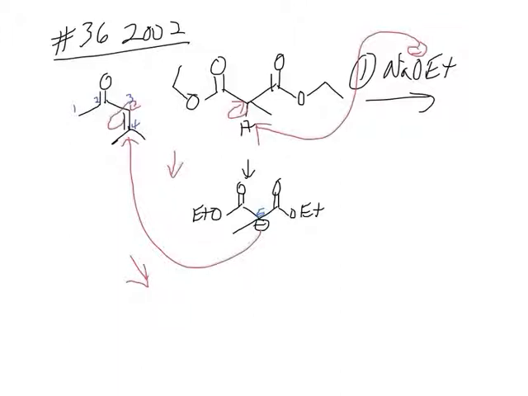5 and 4. So I draw 5 and 4. There's 4, there's 5. 5 had a methyl on it. It was also bonded to this OEt and bonded to this other OEt. 4 was bonded to these methyls.